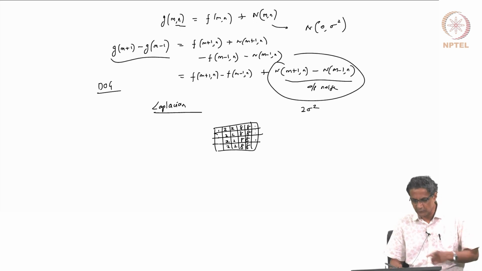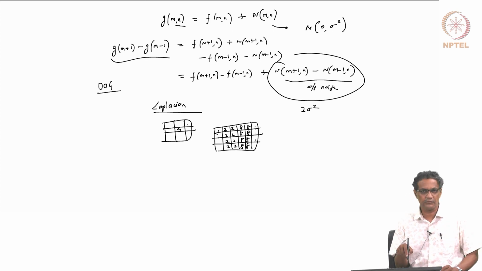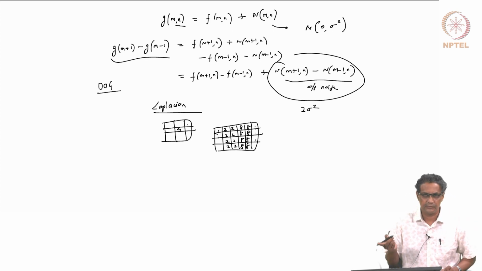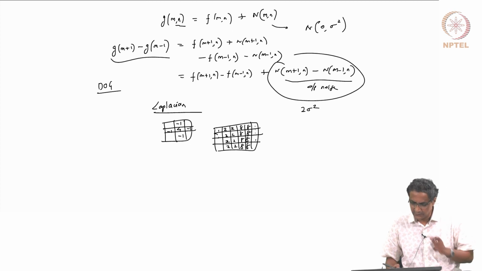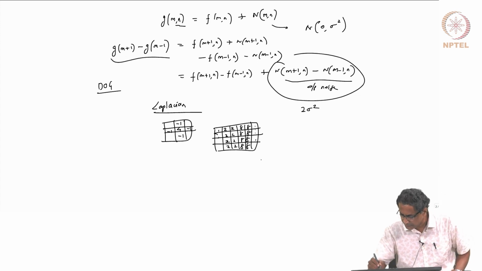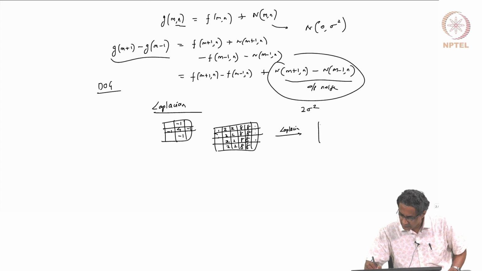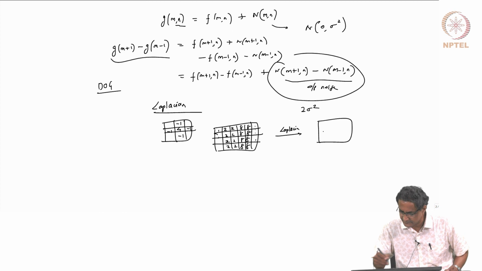Now suppose I took this Laplacian, which has 4 in the middle, and then minus 1, minus 1, minus 1, minus 1, zeros elsewhere. If you apply this, what will be the output? You just do a convolution. Of course, in this case it's a symmetric operator, so if you flip it, nothing happens.